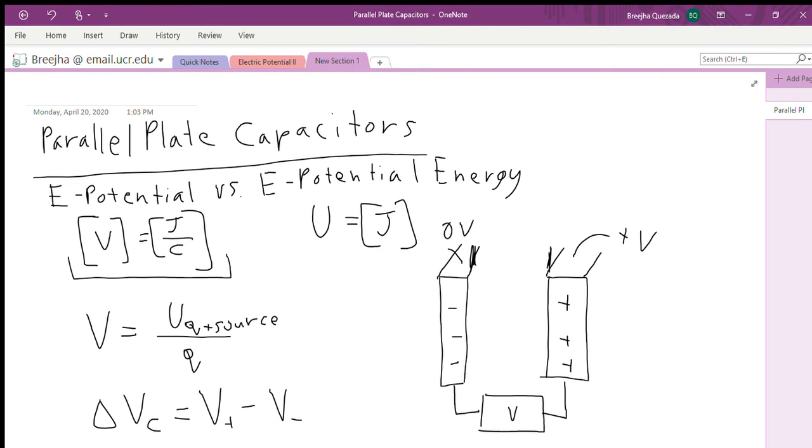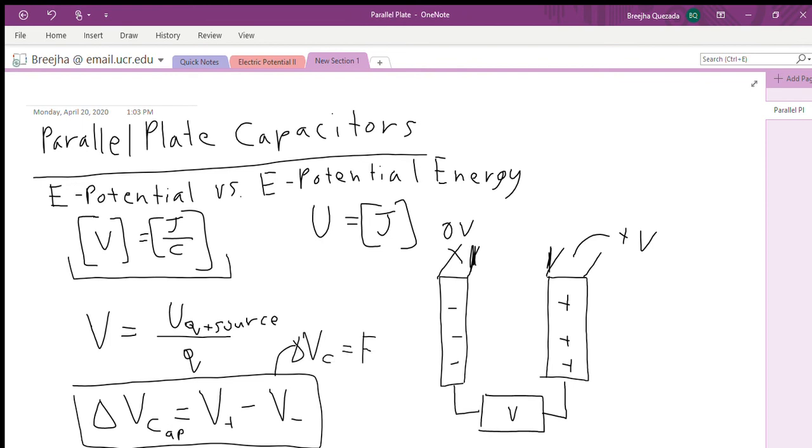So this equation right here is actually one of the beginnings to figuring out the voltage of a capacitor. The C is for capacitor in this sense. And then we're also told that delta VC is equal to E times D. The distance that the E field has to travel between the two capacitor plates is what dictates the strength of the charge.